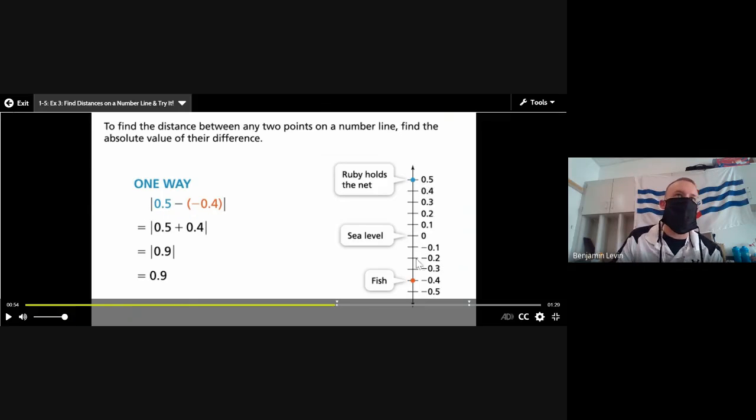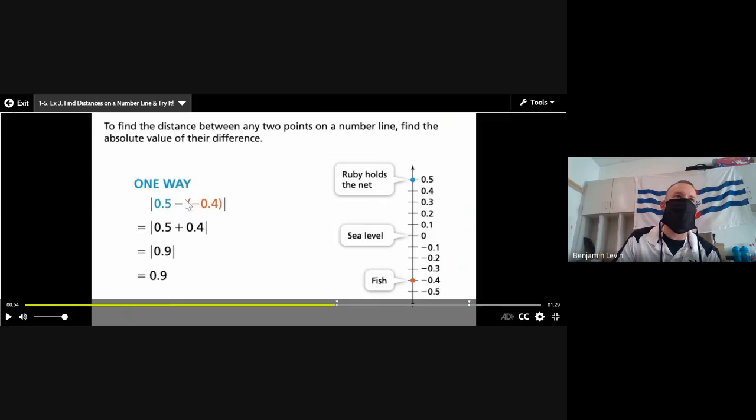We're looking for the difference between 0.5 and negative 0.4. Whenever you hear the word difference, you should be thinking that's subtract, right? If it's the sum, we're adding. If it's the difference, we're subtracting. So that's why they have 0.5 minus, and then the other point is negative 0.4.